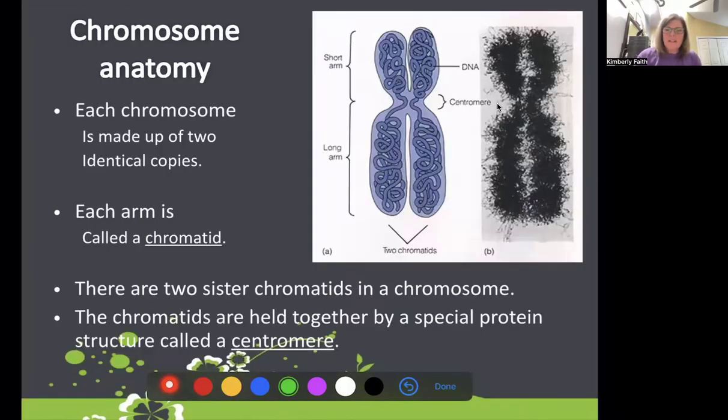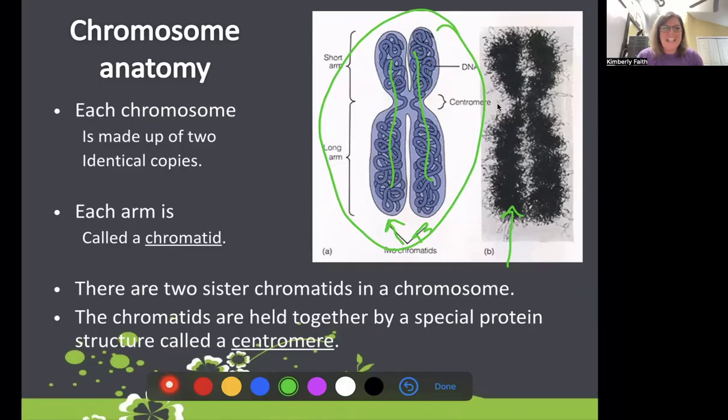So we represent it in this little cartoon when you see the DNA is like wound 300 different ways. And you can see the electron microscope picture here showing you what that looks like. So each chromosome, these are identical. These are called chromatids. The whole thing is a chromosome. The arms, or the one side here of each, those are identical sister chromatids.